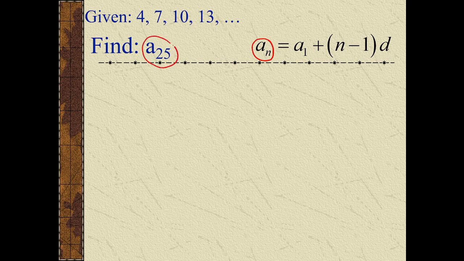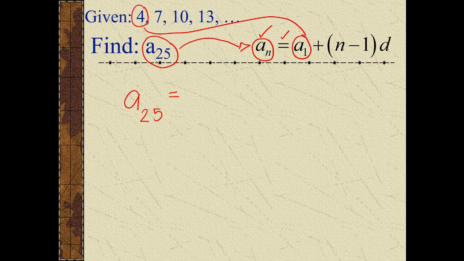It's a sub 25. So, I'll be writing a sub 25 for our formula is equal to, so this is already correct. Write down equal to a sub 1. What is the first term? Sir, the first term, okay, it's the number 4. So write the number 4 there. Plus.